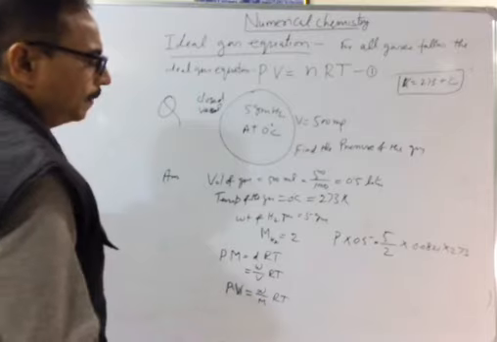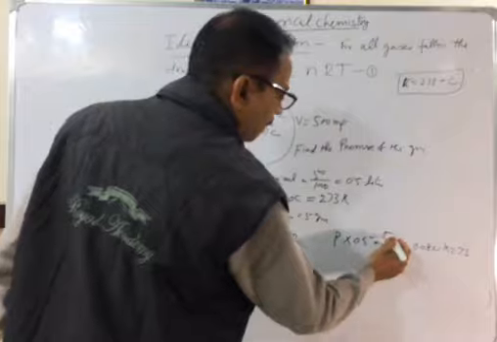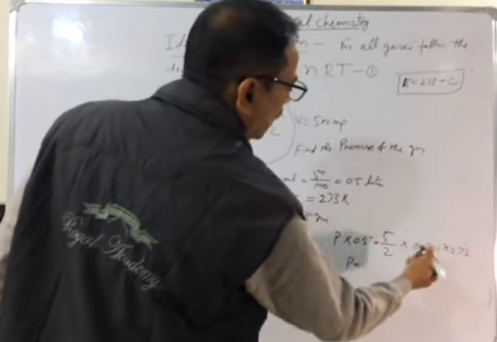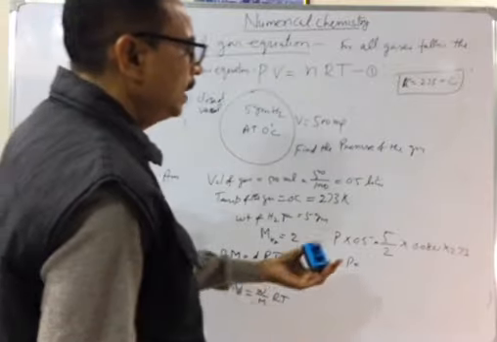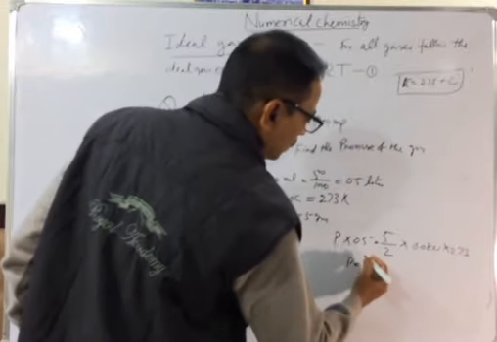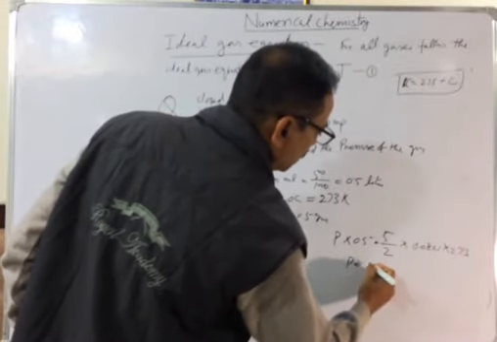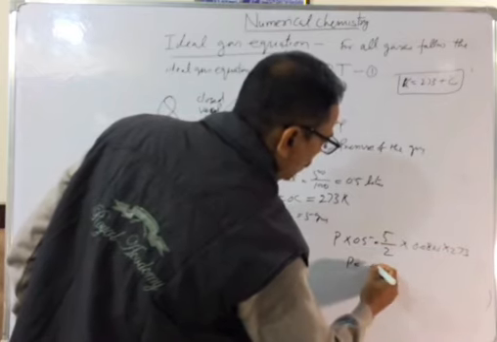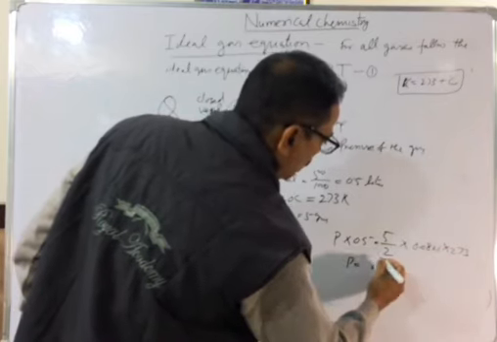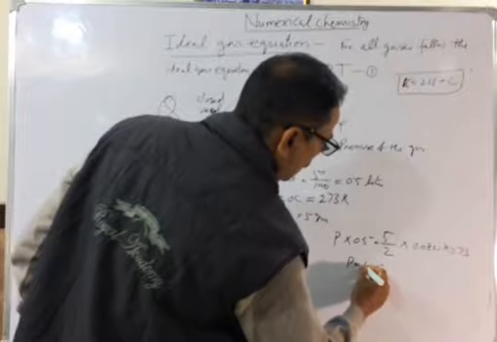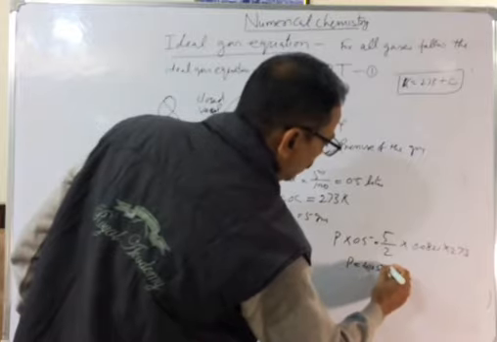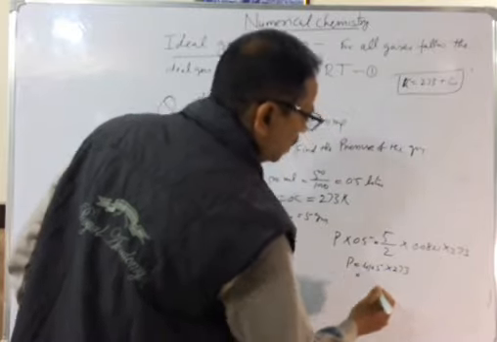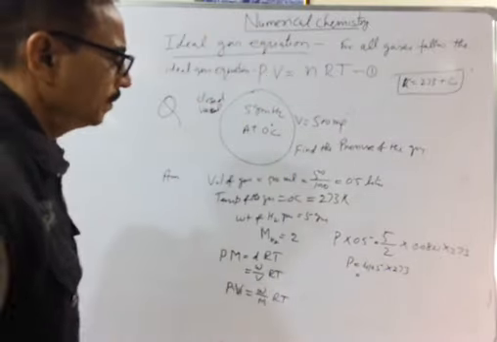So simplify this, pressure equal to, you can simplify. 5041.41 into 273, that is like something.